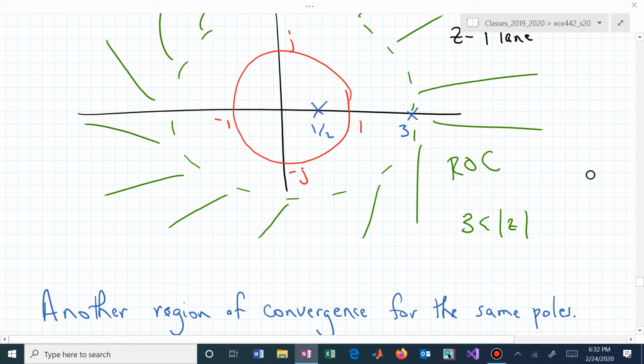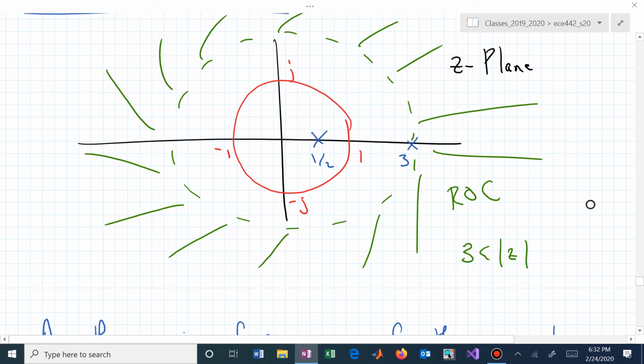What's the structure of the response? If I just gave you this on exam 2, could you give me the structure of the response? I'm waiting.